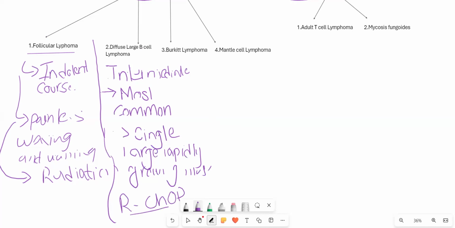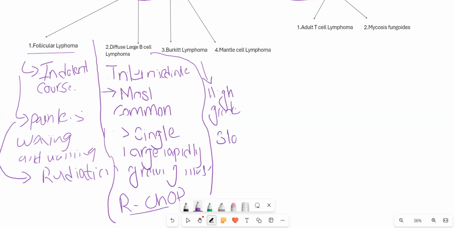Next is Burkitt lymphoma, that is very high yield. Burkitt lymphoma is basically a high grade lymphoma. On biopsy, it has a starry sky appearance.